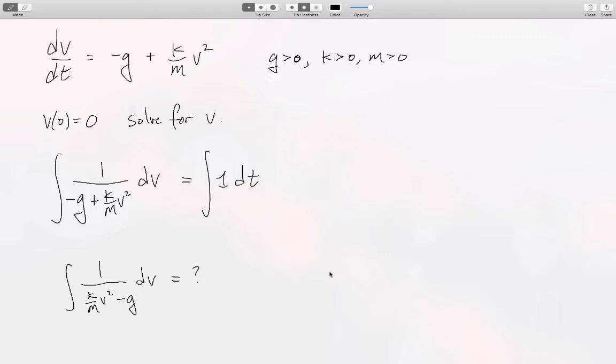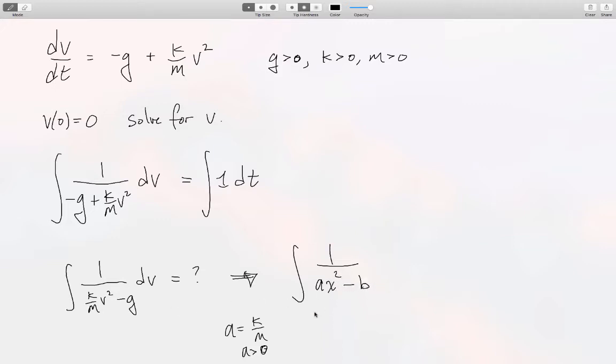Let's say, in order to get this one, I've got a constant that I can come back later and write as k over m, but I've got a lot of fractions here. It'll be easier for me to just call that a, where a is k over m, and I know that a is positive because k and m are both positive. For the moment I'll just call this x.